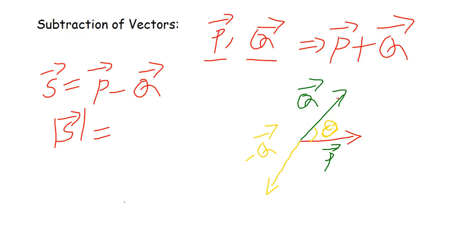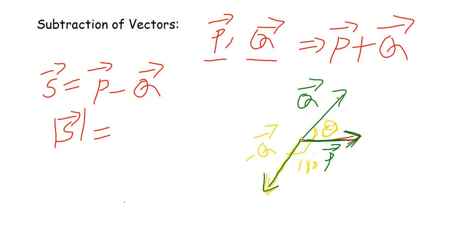So this total angle is 180 degrees. This is p bar and this is minus q bar.